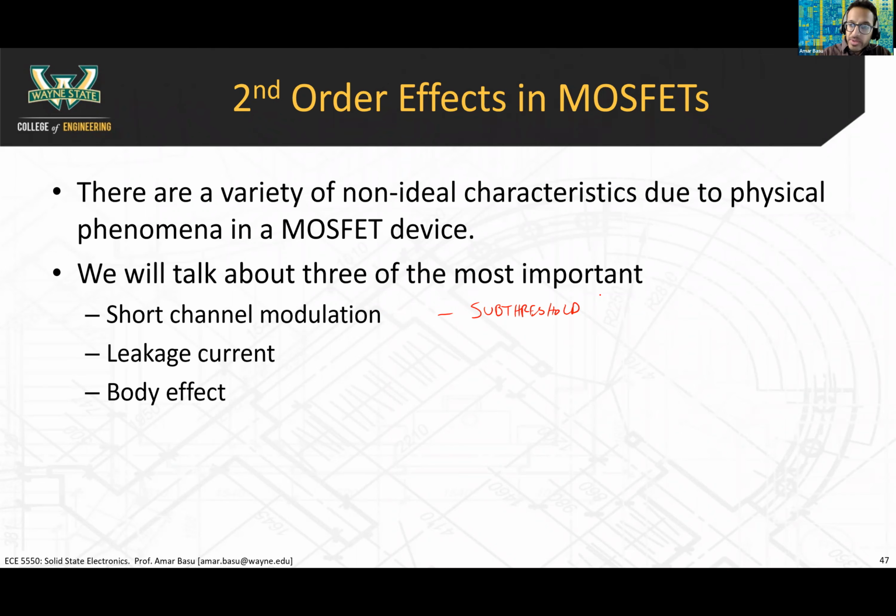Subthreshold currents are what happens when you operate the MOSFET at voltages below the threshold voltage. So we were just saying 5 millivolts. What happens when you apply 5 millivolts to the gate? We'll get to that in a second. And the last one is the body effect. Now, the body effect is not related to making the transistors smaller. It even happens in larger transistors, but that's one of the important second order effects that we have to understand.